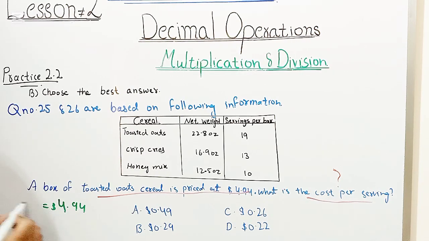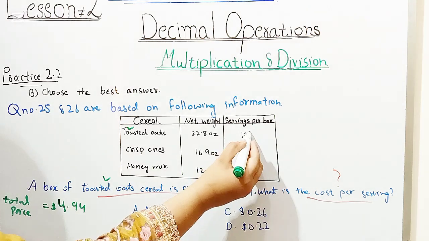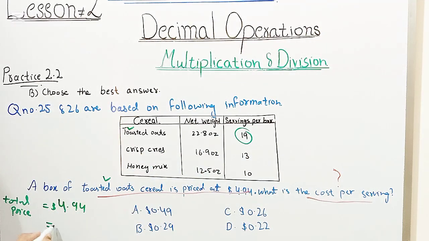It is the total price of toasted oats, and it demands the cost per serving. Serving is 19. So he demands what is the cost per serving.